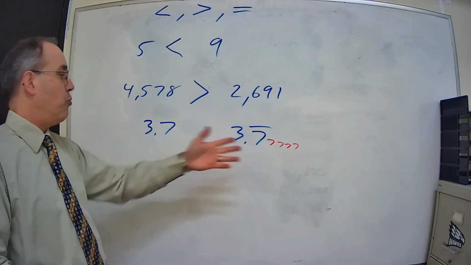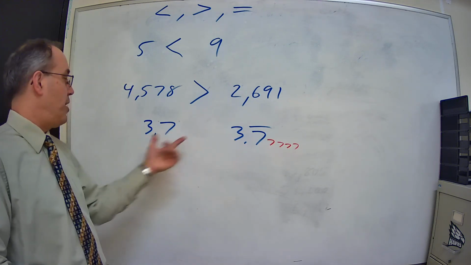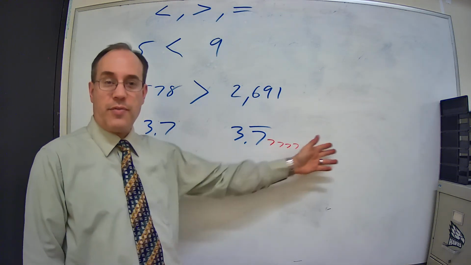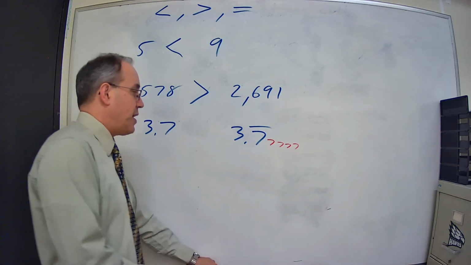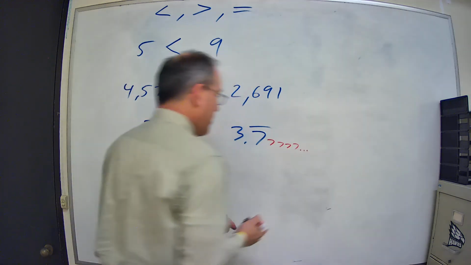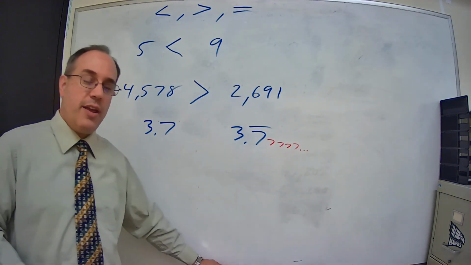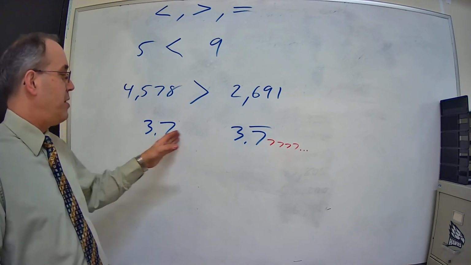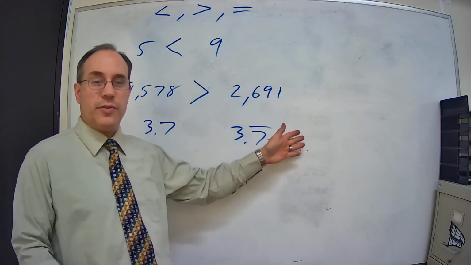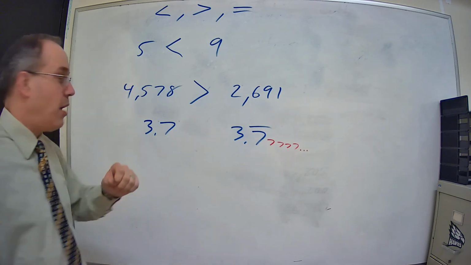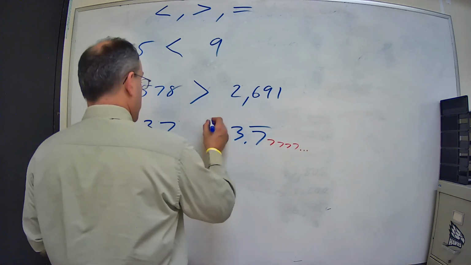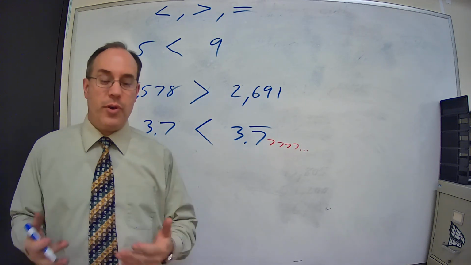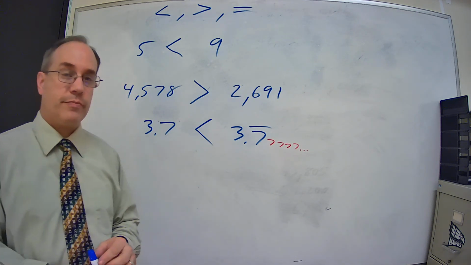They're not equal, right? This is 3.7 and it stops. This is 3.77777 continuing on. Maybe I should put an ellipsis in there just to imply that's what's going on. If this stops at 3.7 and this continues at 3.77777, this one is obviously larger, therefore 3.7 is less than 3.7 repeating.